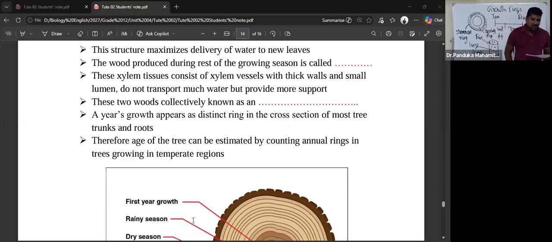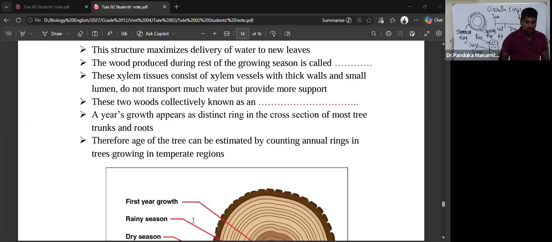A year's growth appears as a distinct ring in the cross section of most tree trunks and roots. Therefore, the age of the tree can be estimated by counting annual rings in a tree growing in a temperate region.